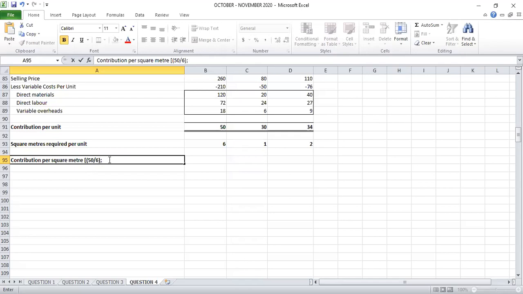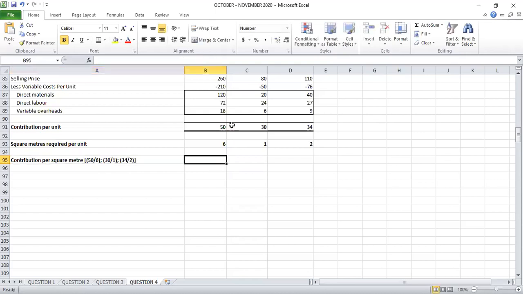Then the other one will say 30 divided by 1. Then the other one would say 34 divided by 2. It's this. Right.